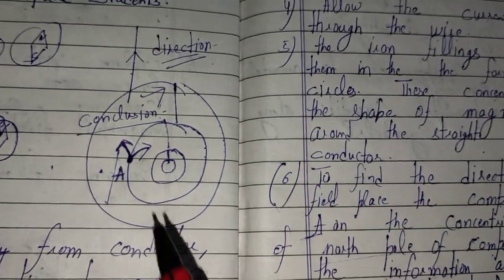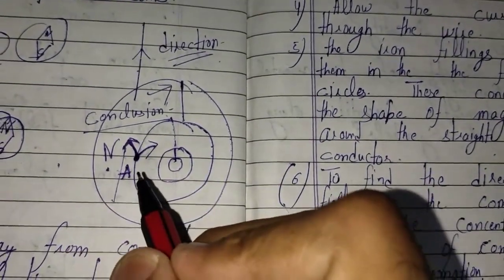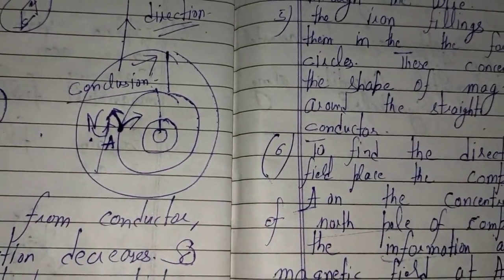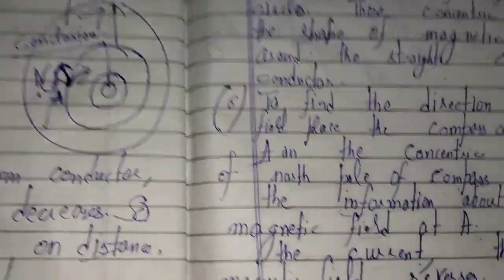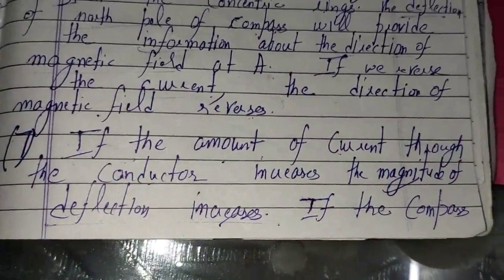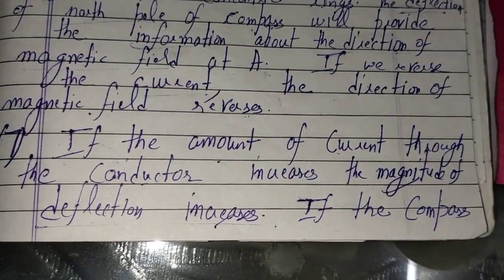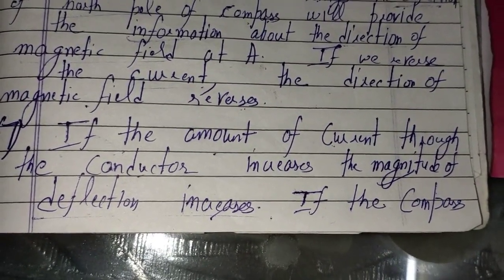That means the deflection of the north pole will provide the information about the direction of magnetic field. If the current reverses through the conductor, the direction of magnetic field also changes, like this.